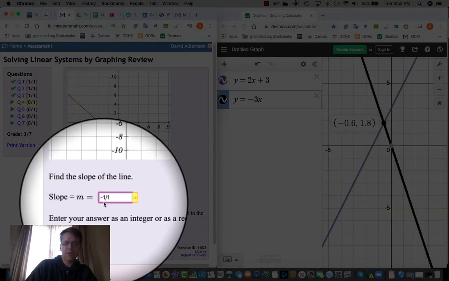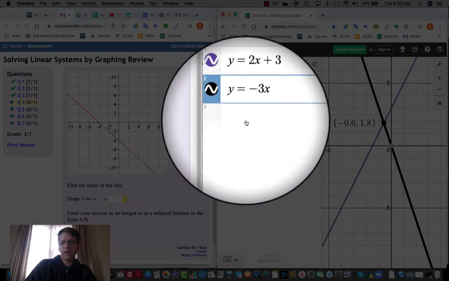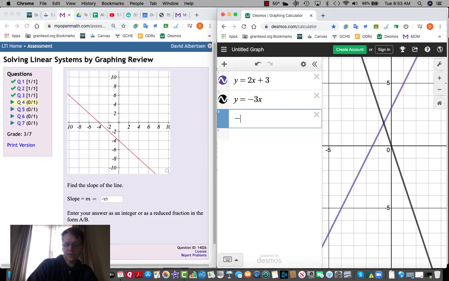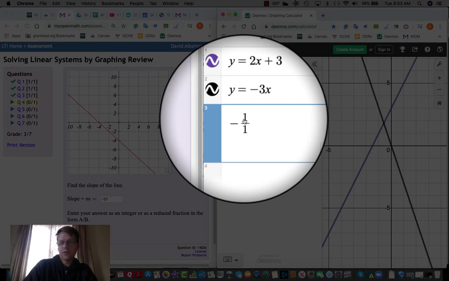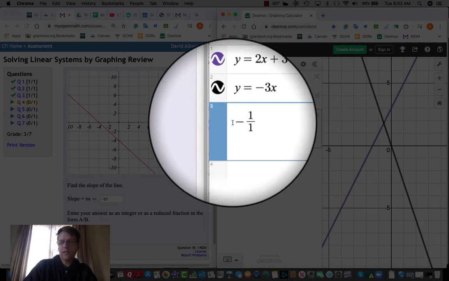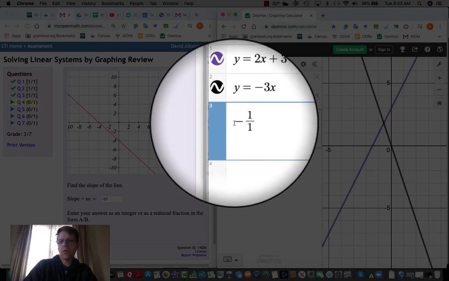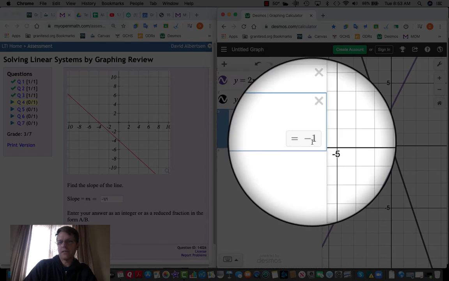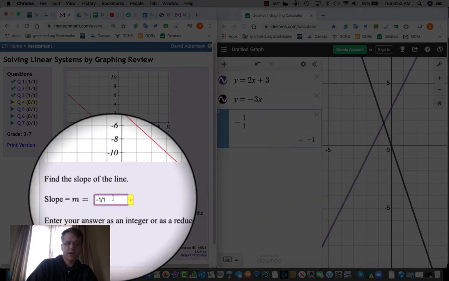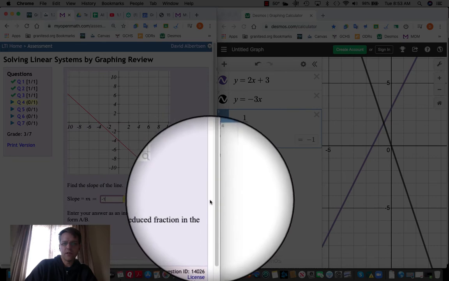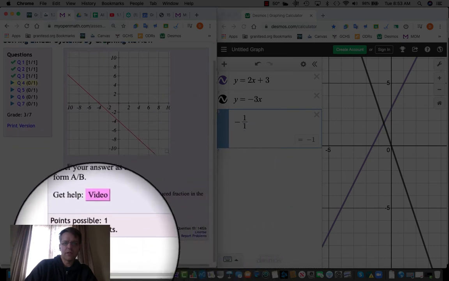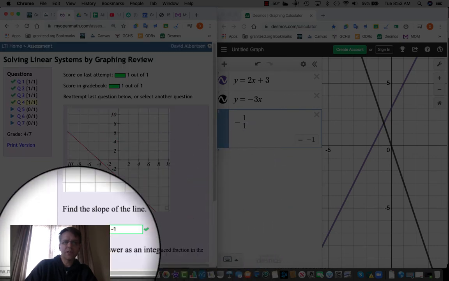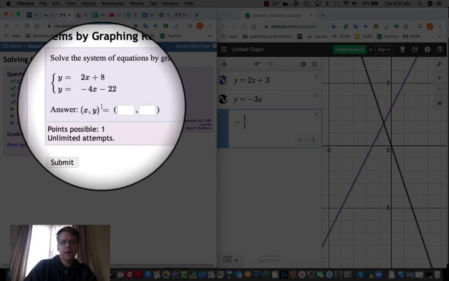So I've got minus 1 over 1. Now the thing is, it says entered as a reduced fraction. Negative 1 over 1 is really the same as negative 1. So I'm just going to change that to negative 1. And notice there's a special video just for that question if you're stuck. And how about this one?